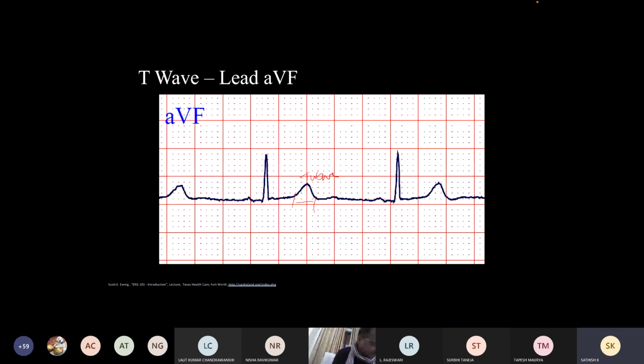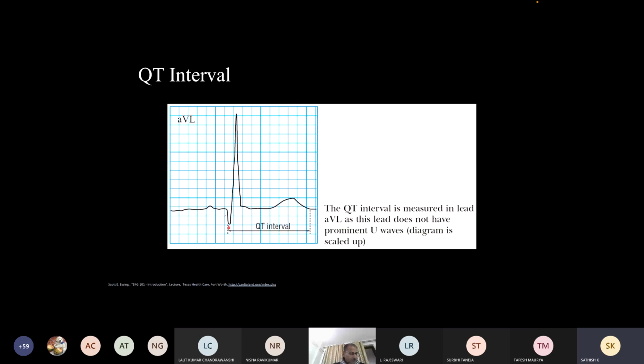So tall T waves, if you see, can be due to hyperkalemia. Acute MI can also cause tall T waves. Here the QT interval, I told, is from the beginning of the Q wave to the end of the T wave.